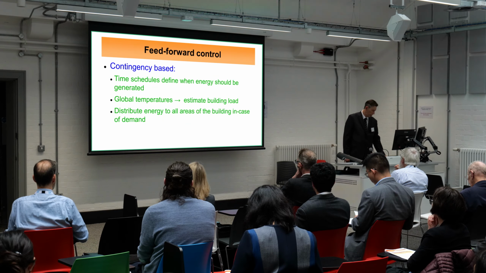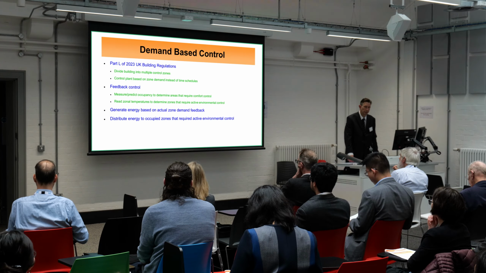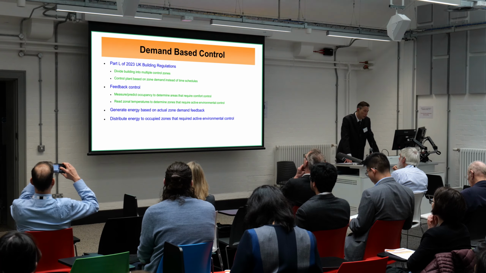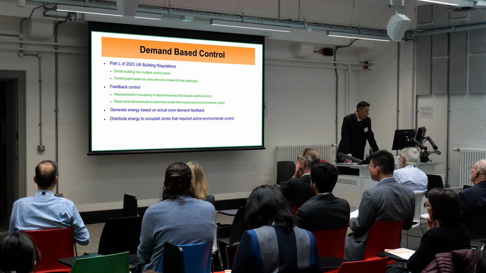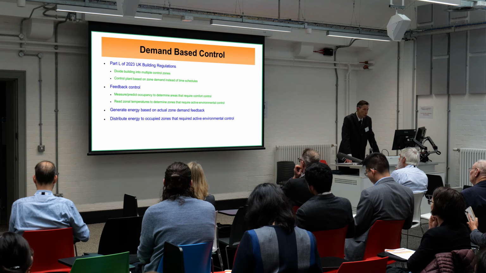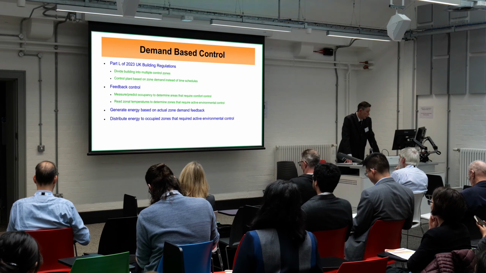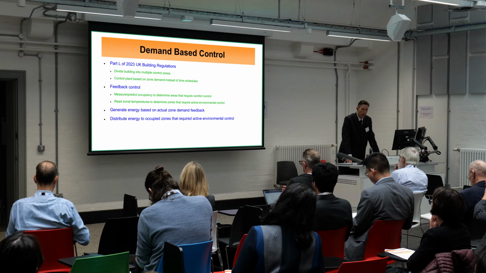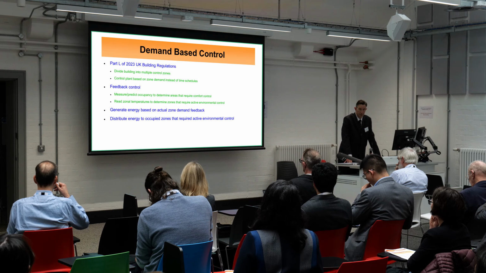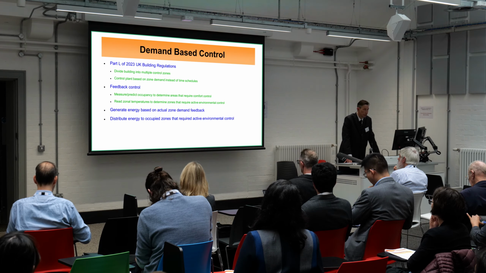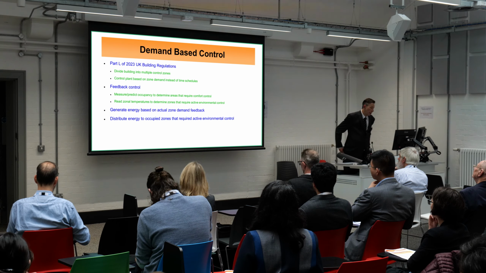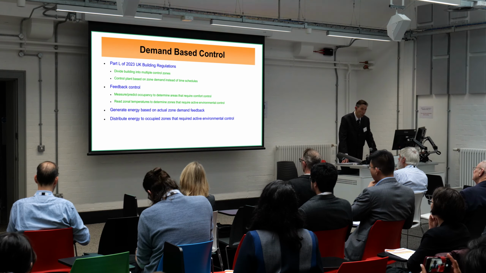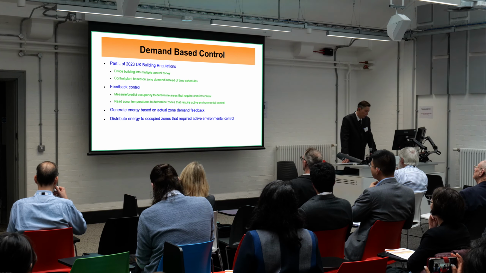And so, recognising this, the latest Part L of the building regulations calls for buildings to be zoned, so that individual zones are monitored using sensors, and we control the zones using the actual measured activity in the rooms and temperature differentials, rather than simply relying on time schedules. The result of this is that instead of a feed-forward control system, we have a feedback control system.